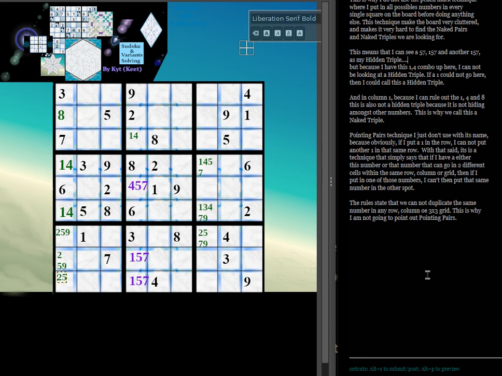Pointing pairs technique. I just don't use it with this name because obviously if you put a 1 in the row, I cannot put another 1 in the same row. With that said, it is a technique that simply says that if either this number or that number can go in 2 different cells within the same row called a grid, then if I put in one of those numbers, I cannot then put the same number in the other spot.